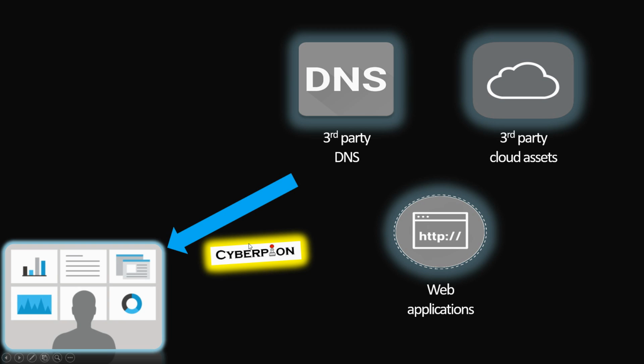CyberPion is a solution that enables any company, any enterprise, to secure all the connections going out from its website and to monitor all of these connections using both analysts from CyberPion and analysts from the enterprise.